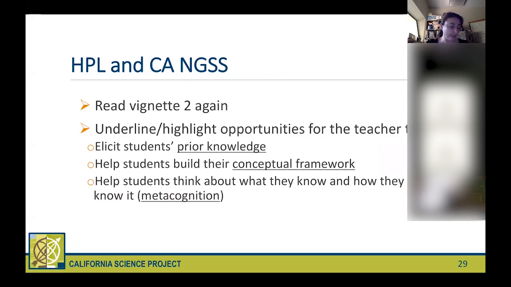Vignette 2 is on page 3 of your handout, the bottom portion only. I would like you to see what have been the opportunities for the teacher to elicit students' ideas, build conceptual framework, and make students think about what they know. Let's take 5 minutes, and I'm going to find the link for you.